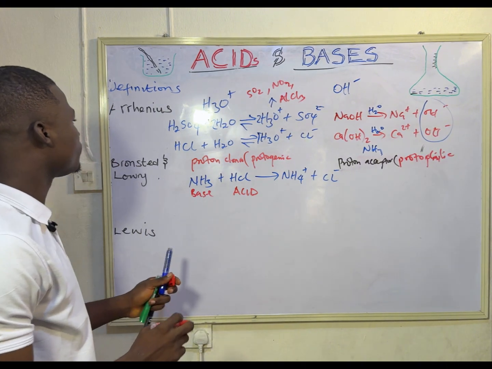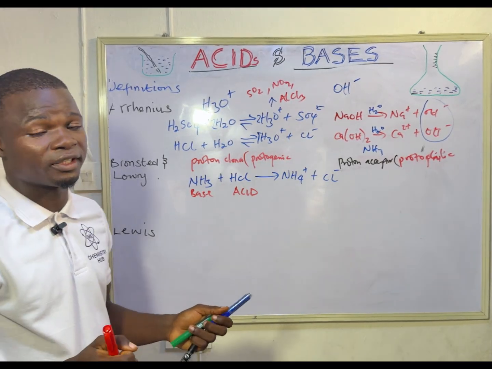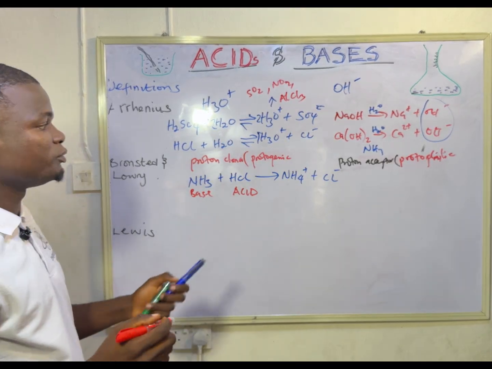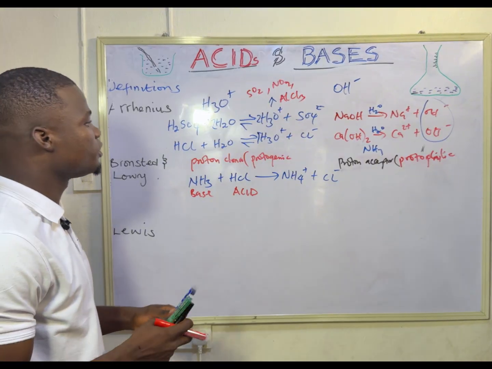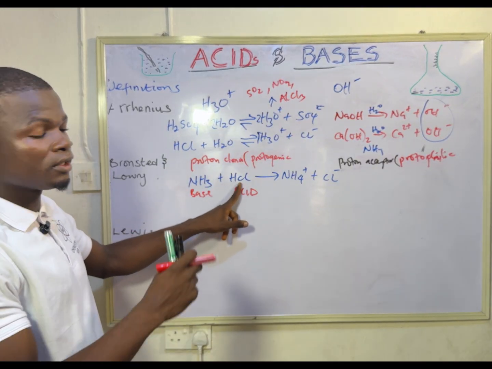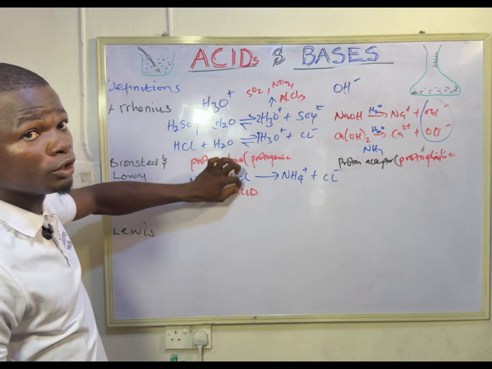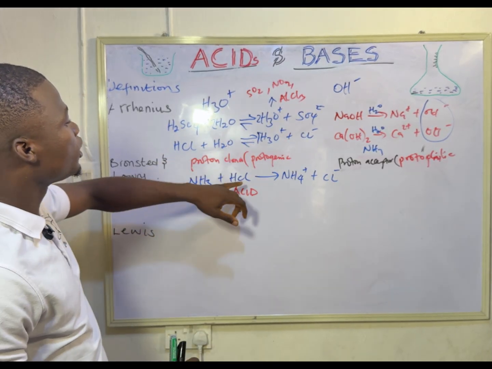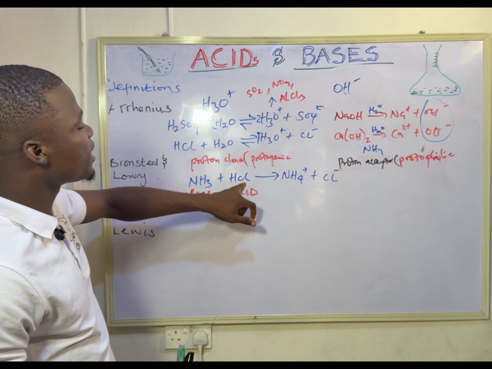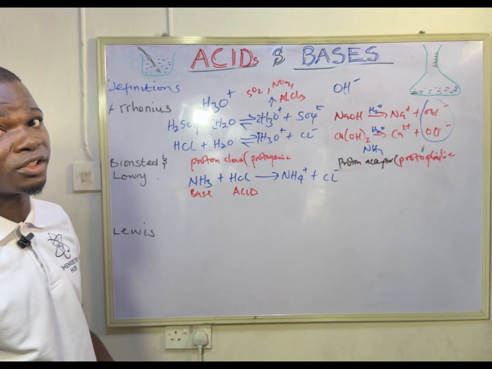Now, the concept of Bronsted and Lowry acid and base led to what we refer to as the conjugate acid-base pair. Conjugate acid-base pair means that where this acid donates the proton to the base, it will definitely lose the proton. So the substance or ion that is formed after the loss of this proton is said to be conjugate.